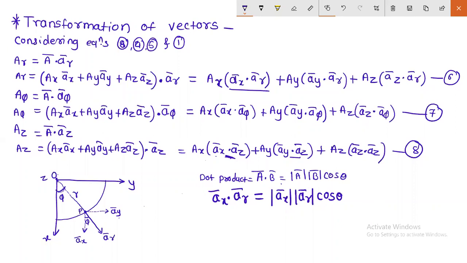Now just tell me, what is the angle between this a bar x and a bar r? Phi. Phi, correct? So instead of this theta, what I will write? It is cos phi. Now, what is the magnitude of the unit vector a bar x?